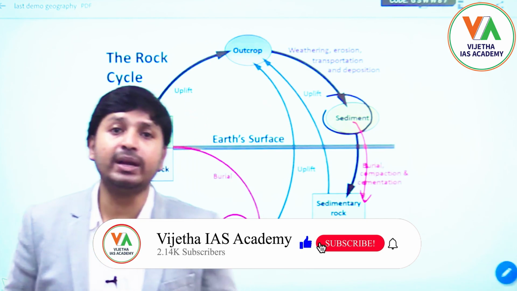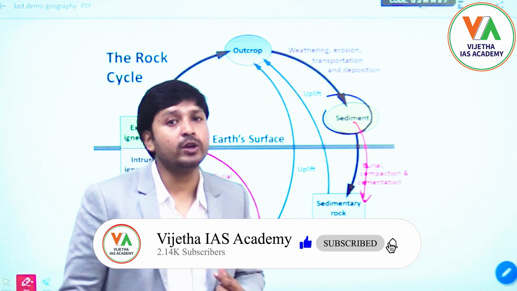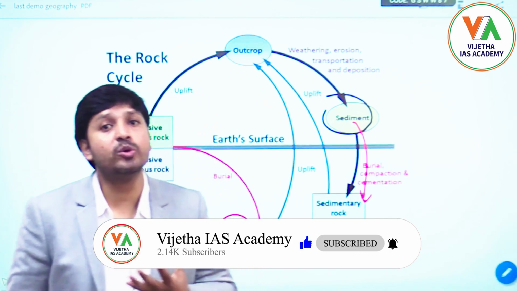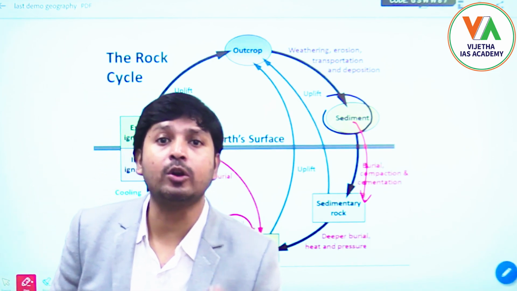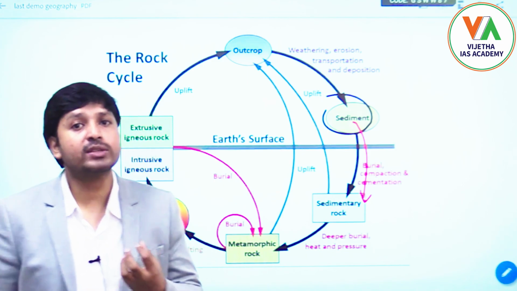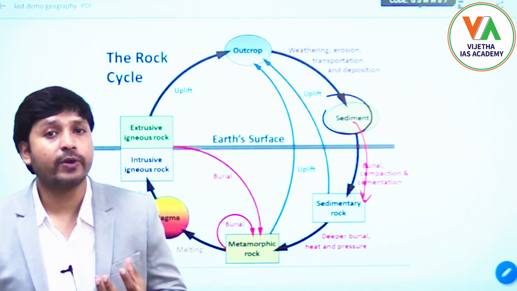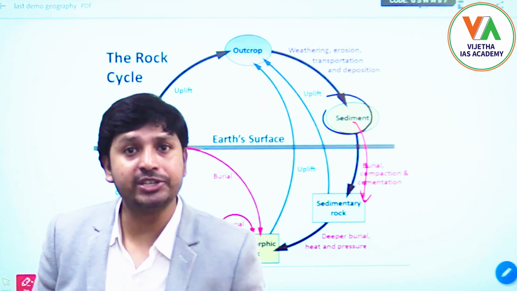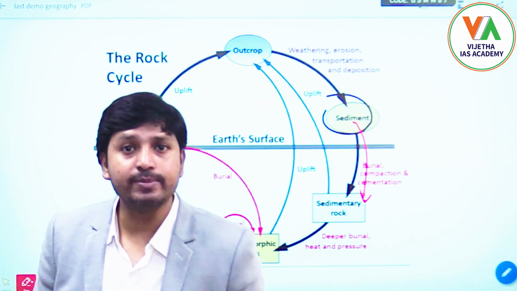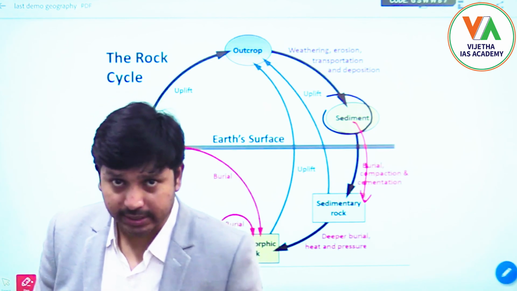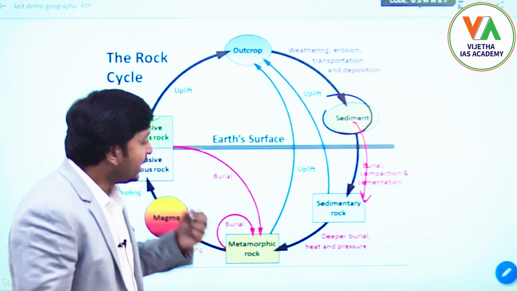After the changes of the morphology occur in that rock system, the new rock system which is formed is called metamorphic rock. Remember, the new rock system which is formed because of changes in temperature and pressure on either sedimentary rocks or igneous rock is called metamorphic rock. Is it clear? Metamorphic rock.